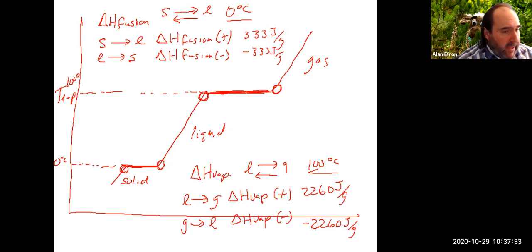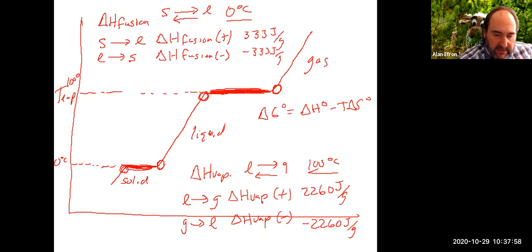So, how does this relate to our Gibbs free energy and our delta S, for example? If we look at our equation, delta G naught equals delta H minus T delta S. Because this is an equilibrium process as we do these transitions, our delta G naught is going to equal 0.